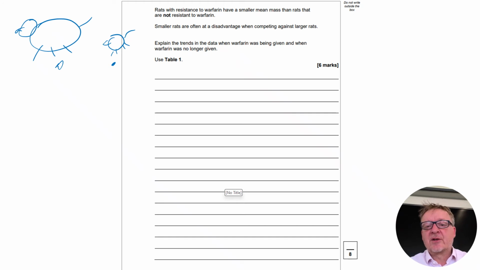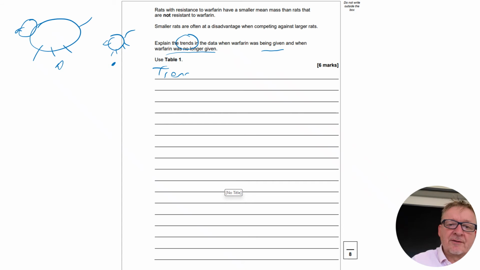Explain the trends in data when warfarin was given and no longer given. Okay, so you can see exactly the way it's splitting it up. Right, so let's go for the trends first. Okay, there's loads of different trends you can see. The percentage population with resistance increases for 6 months.